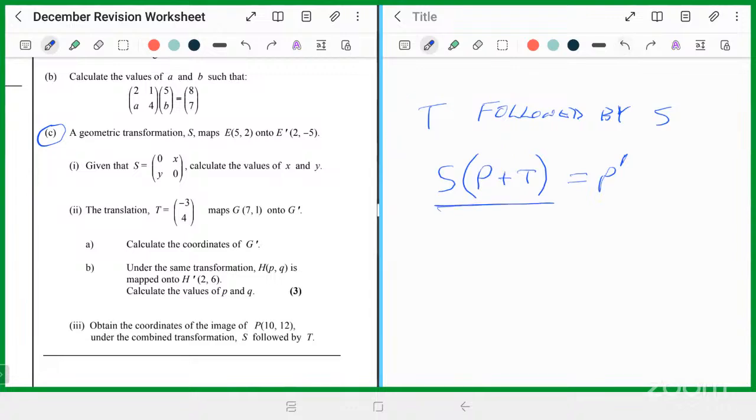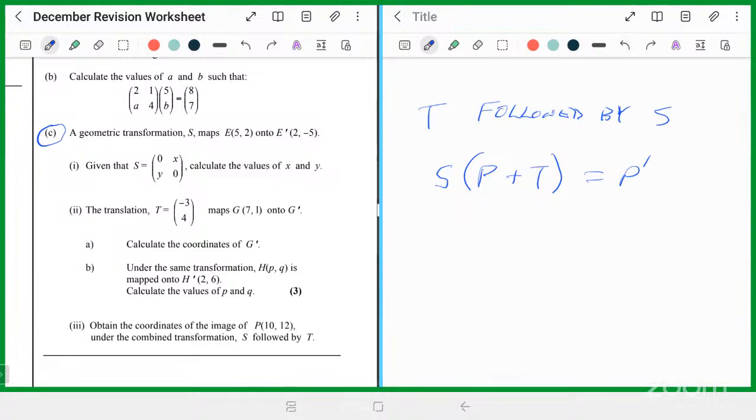This will be the calculation. Let me show you again. You'd have to do the translation first, which is to take the point and do the translation on it. That will give you a result. Then you take that result and apply the S to it, and that will be my result P prime. If I want to throw it in one step and one calculation, I have to work inside here first.